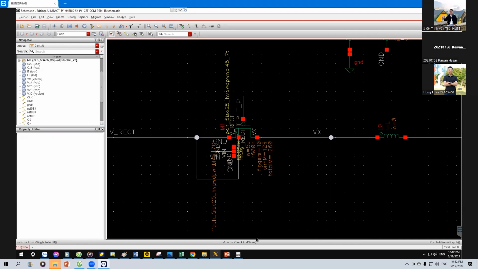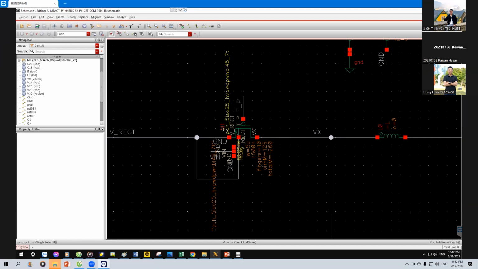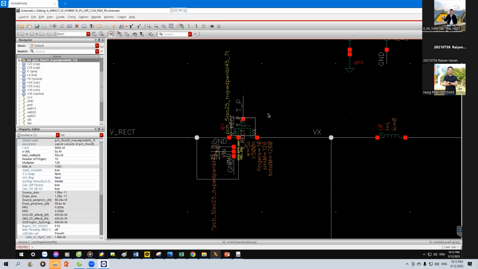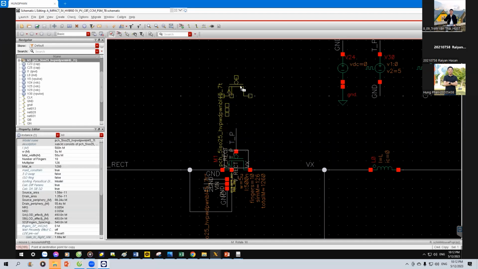Here is a multiplier, this MOSFET. One MOSFET is 1/0.5, and it will be 1260. It means it's like this.